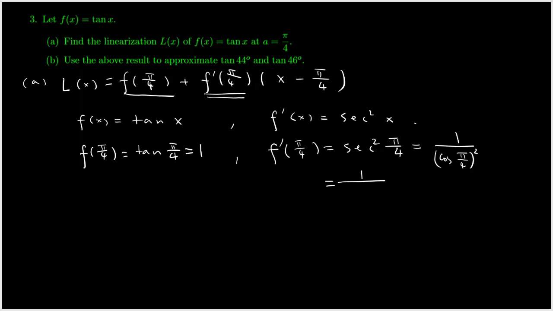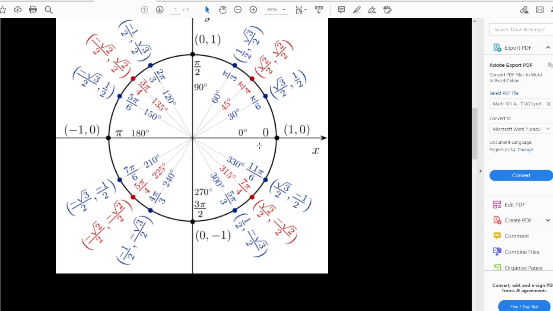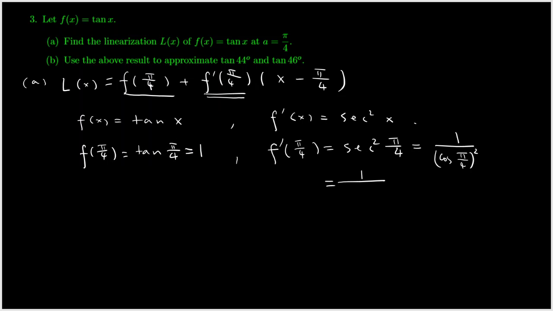So I have 1 over something squared. You look at the unit circle again. The angle we need is also pi over 4, right? Cos of pi over 4 is given by the x coordinate of the point, which is square root of 2 over 2. Now all you need is to compute 1 over square root of 2 over 2, the whole thing squared.